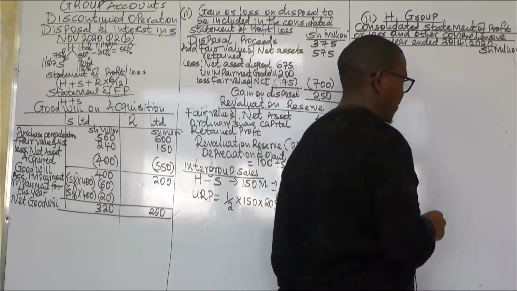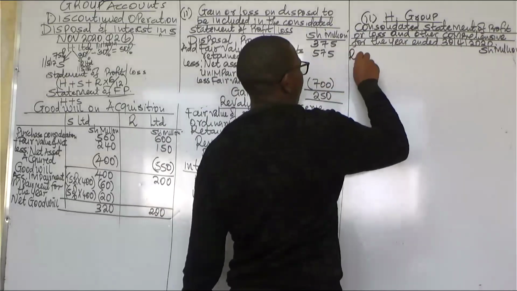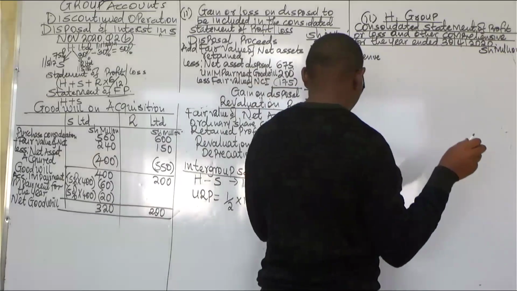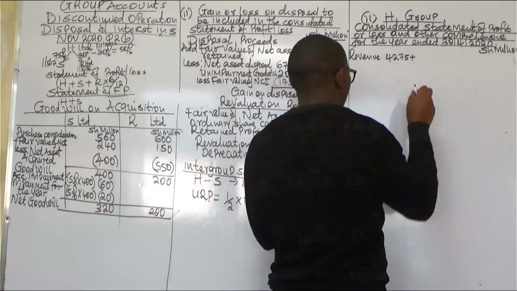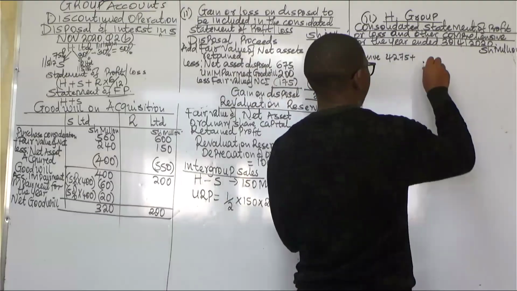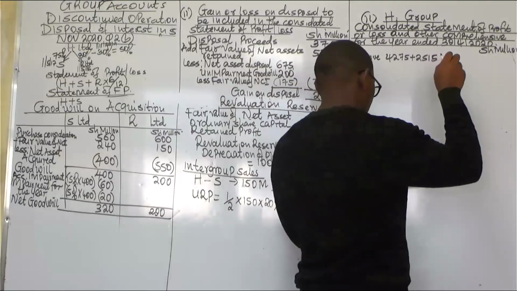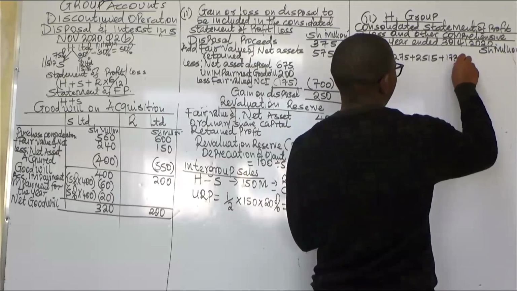Shillings in million. So we begin with the revenue. I will take the revenue for H, 42.75. I will also add 25.15. I will also add this other one, 17.30.